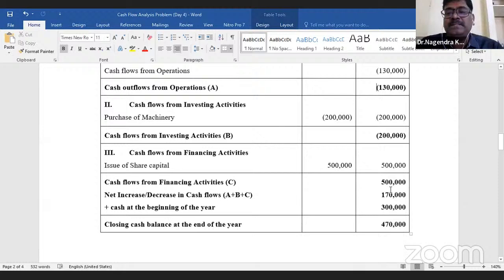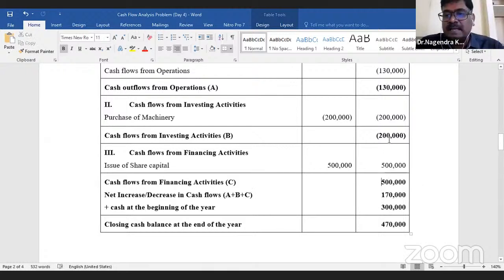So after making the adjustment for these 2 lakhs, purchase of machinery, and the loss from the operations, the total net cash increased during the year from these three activities, operating, financing and investing, is 1,70,000.